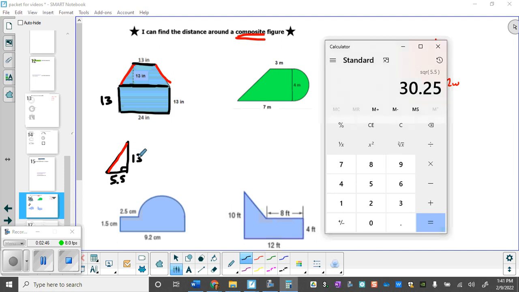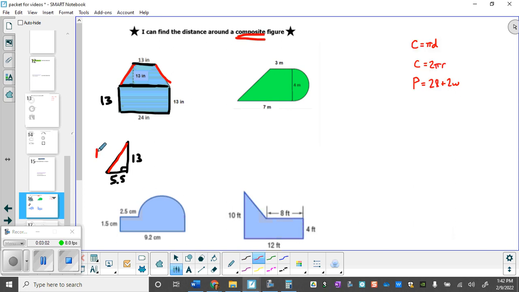And I'm going to add that to 13 squared, and I know 13 squared is 169, so I'm just going to add that to 169. So now I've got a squared plus b squared in my calculator, and I'm going to take the square root of this number, and I'm going to round that to a 14.1. So we know this is a 14.1. Therefore, this is a 14.1, and we now have all of our sides to simply add up the distance around.